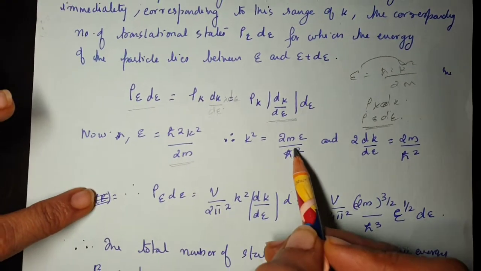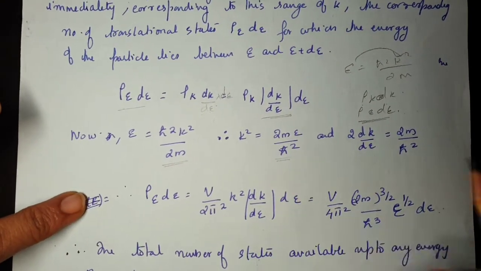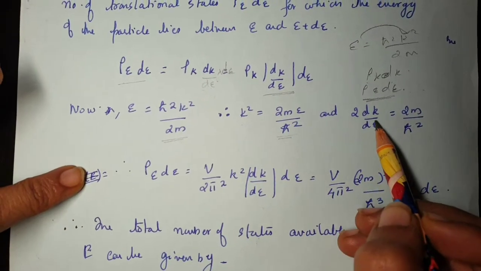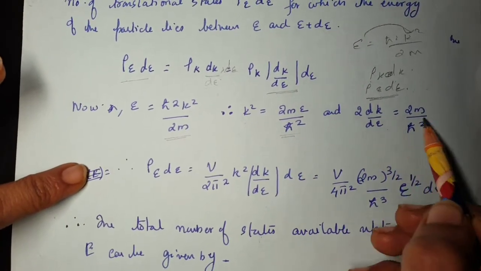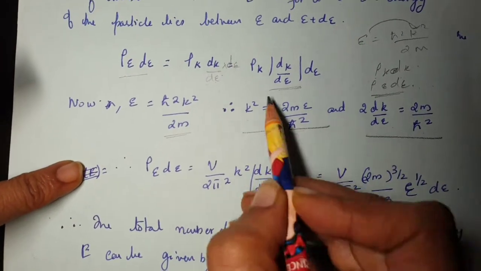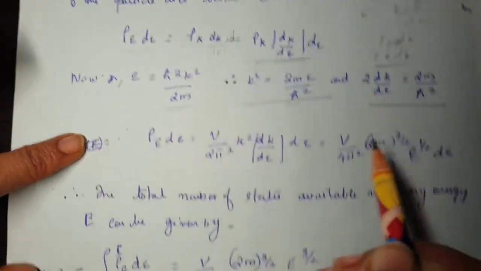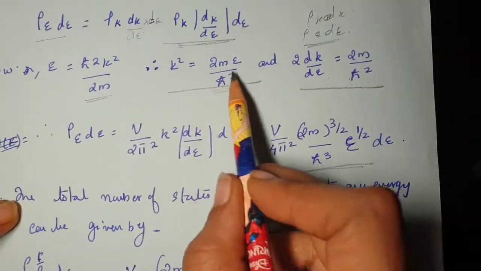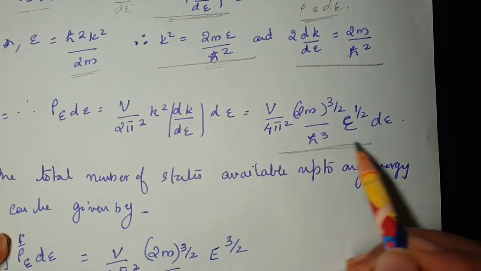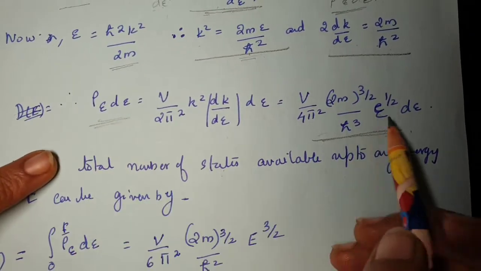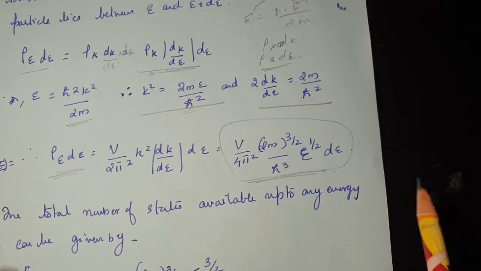From this, k² is equal to 2mE by ħ², and differentiating with respect to E, 2k dk by dE is equal to 2m by ħ². These two things I substitute here, and you will get this. You try it out by yourself. So for the density of energy states, I am getting this value.